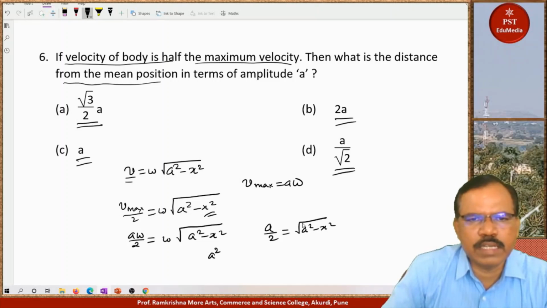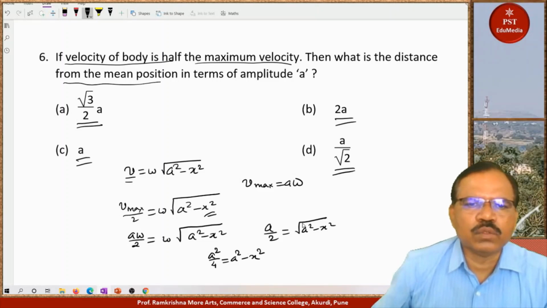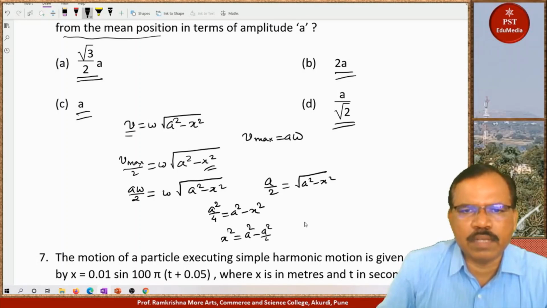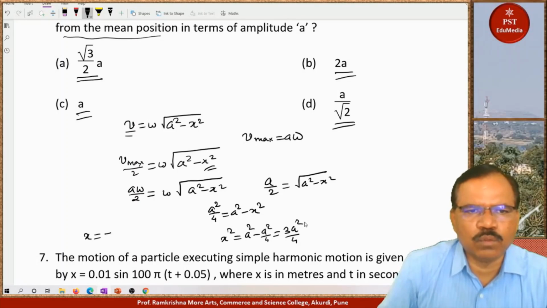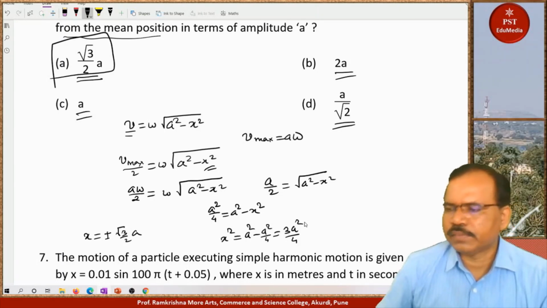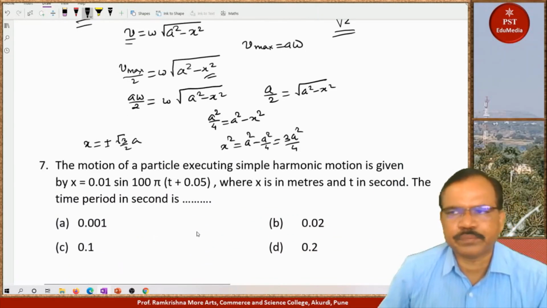So a square by 4 is equal to a square minus x square. So x square is equal to a square minus a square by 4, so it is 3 a square by 4. So x is equal to plus or minus root 3 by 2 a. So this first one is correct.